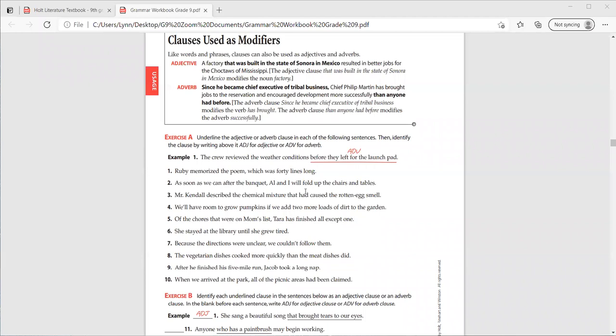Positive is young, comparative, younger, and superlative, youngest. Fearful, more fearful, most fearful. Rapidly, more rapidly, most rapidly. Good, better, best. Everyone understand this?